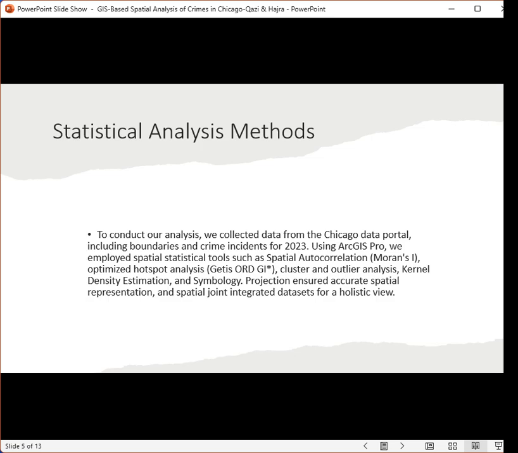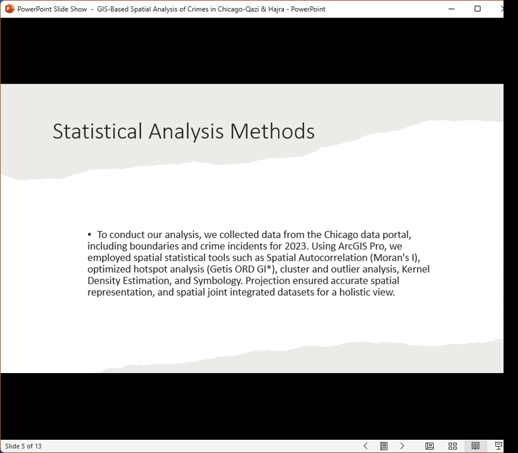So now let's talk about the methods and tools that power this analysis. For data collection, we started with the Chicago data portal, where we got the shapefile, and also the data we got from the professor, which was also downloaded from the Chicago portal.